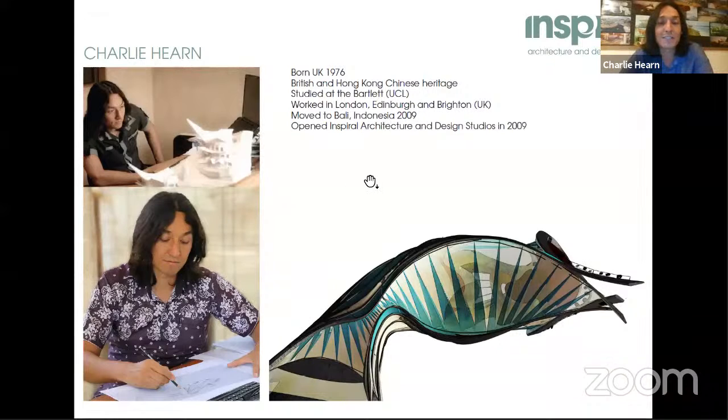And then in 2009, I moved to Bali and quite soon opened this company, Inspiral Architecture and Design. With around 12 years here in Bali, it's been a wonderful journey of building, design, and creating architecture.